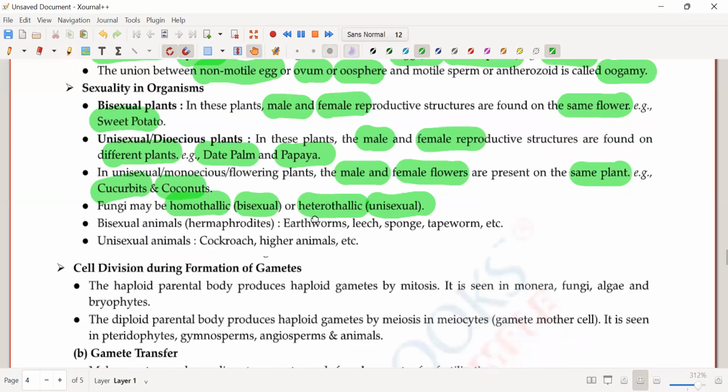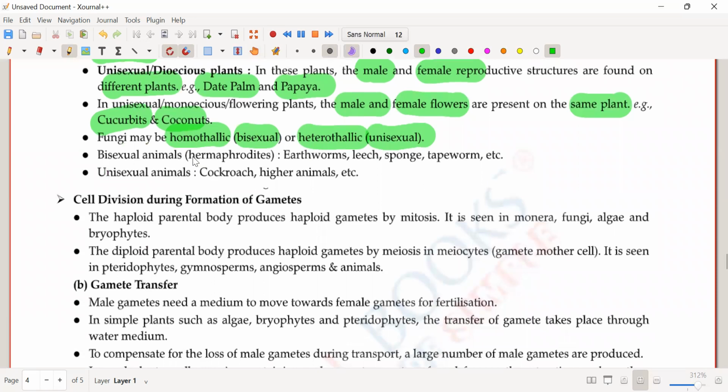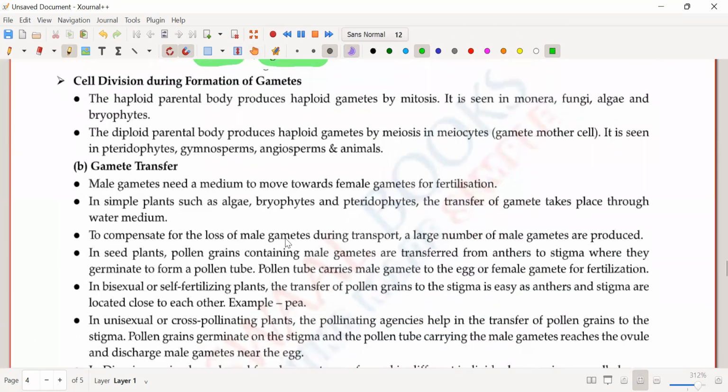Bisexual animals, hermaphrodites: earthworms, leech, sponge, tapeworms are examples of these. Then unisexual animals: cockroach, higher animals, etc.